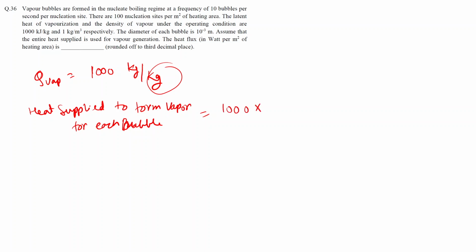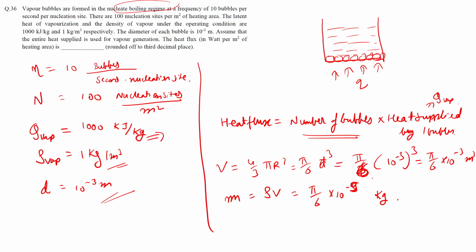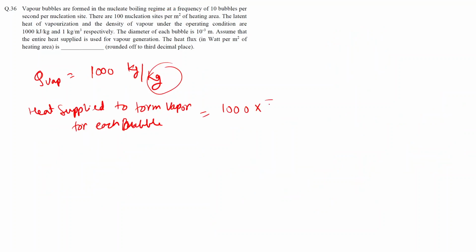So that is 1000 into the mass of the vapors, which we have found over here. This will become pi by 6 into 10 raised to minus 6.